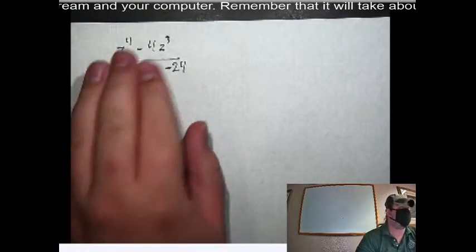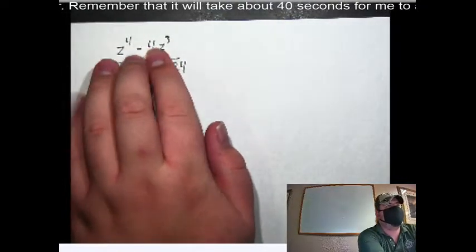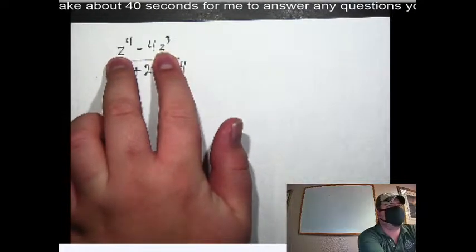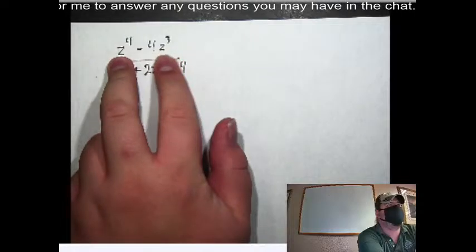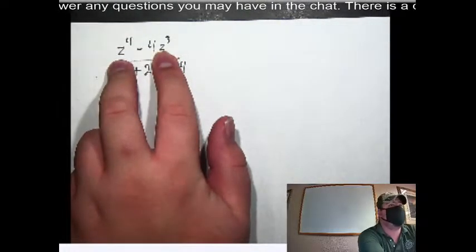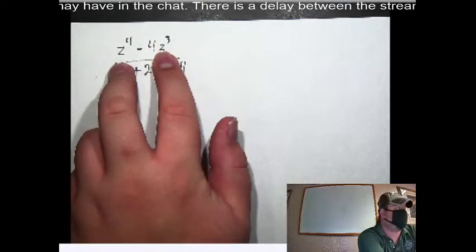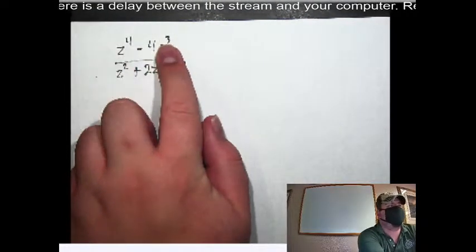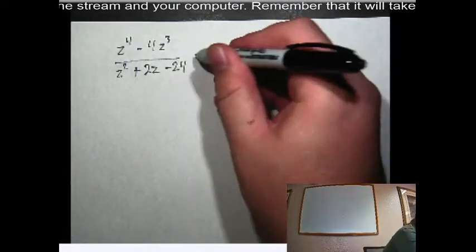So let's start with this top part. What can we do to factor it? First, do they have like or common factors? Do they both have something they can be divided by? Z to the what? To the third, yeah. When all else fails, they have at least the lowest power in common. So they both have z to the third in common.